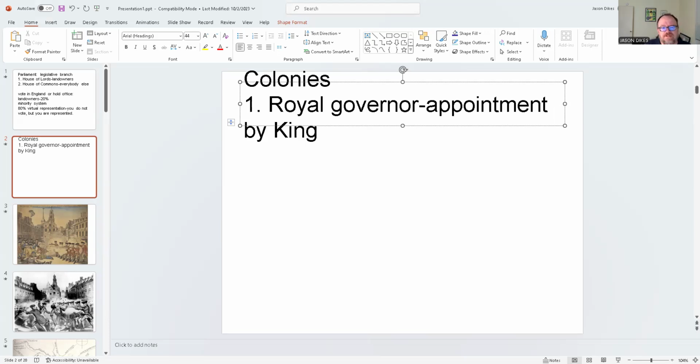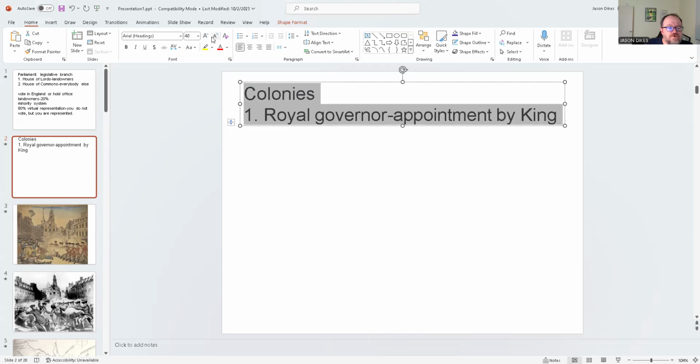Parliament would sometimes get involved, but usually the king had a pretty good idea of who he could get appointed as a royal governor. It was very rare for Parliament to oppose a royal governor. So that royal governor is really concerned about representing the king's interests in America.